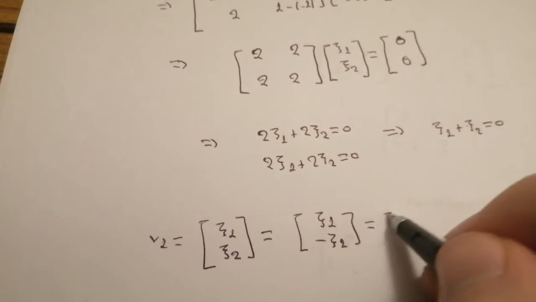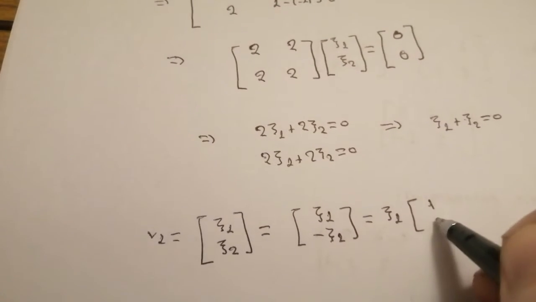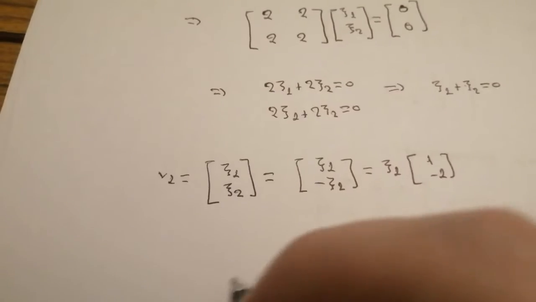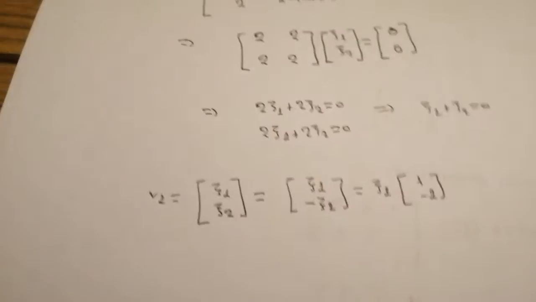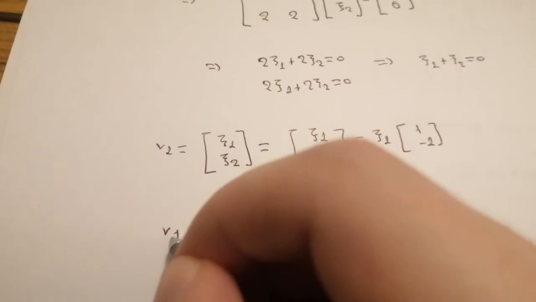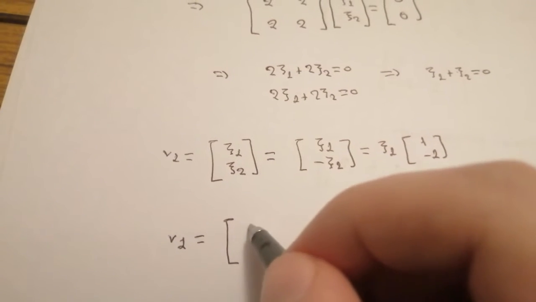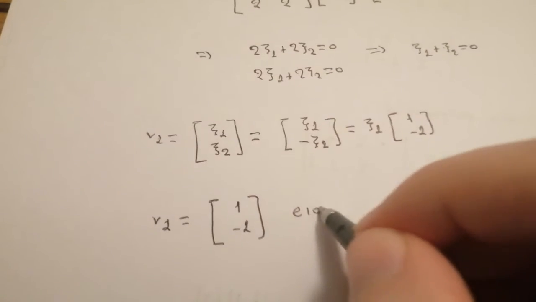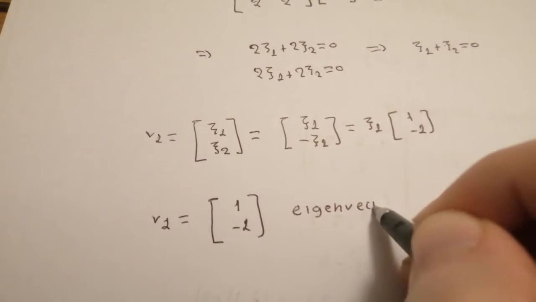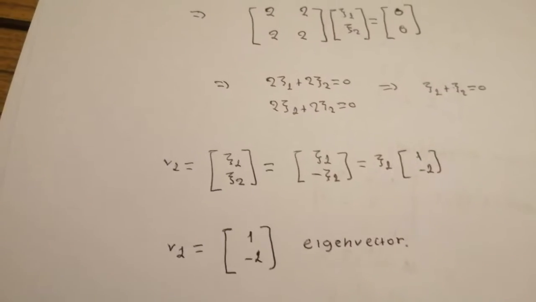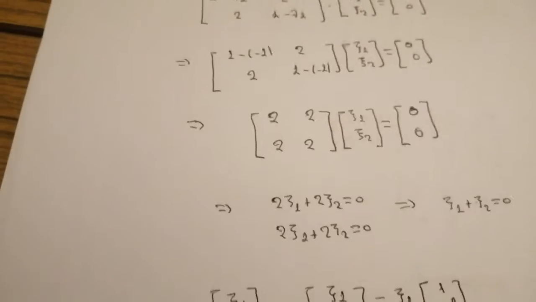So it is xi 1 times 1, minus 1. Let's put xi 1 equal to 1. This gives that the first eigenvector is 1, minus 1. This is our eigenvector.